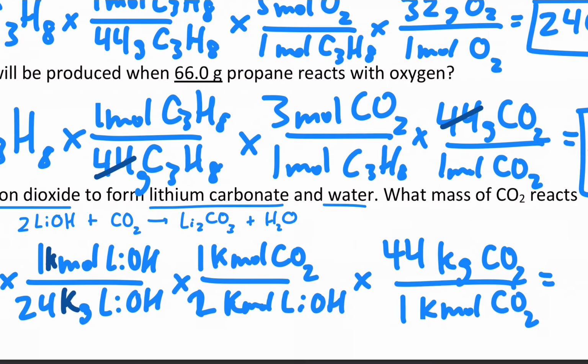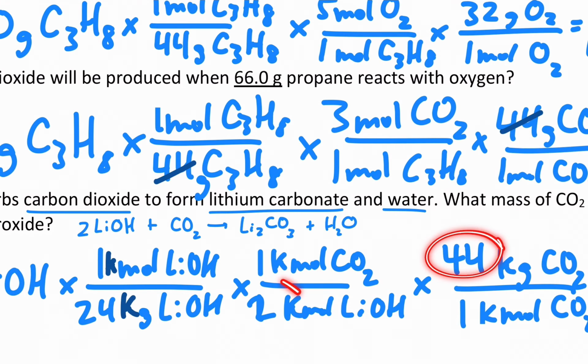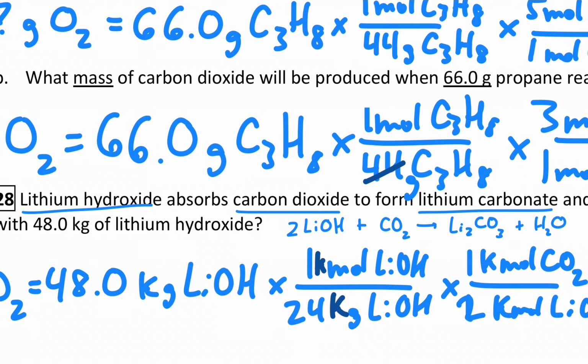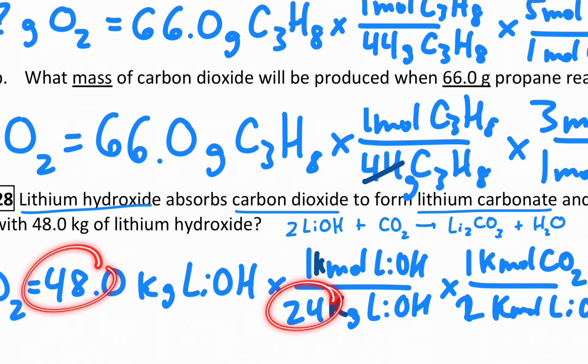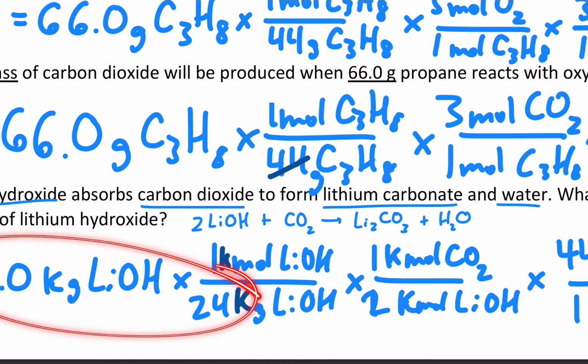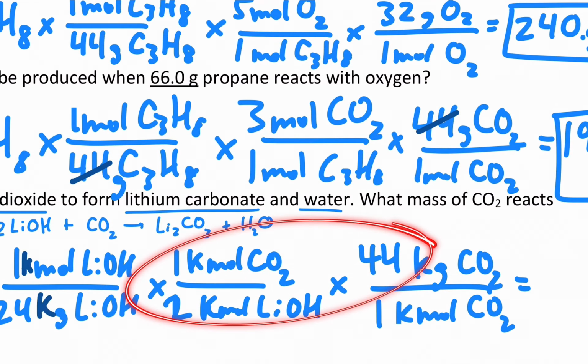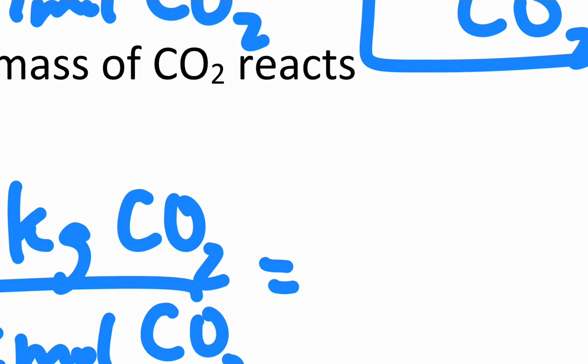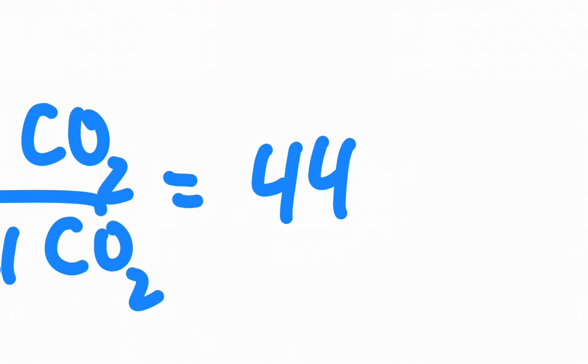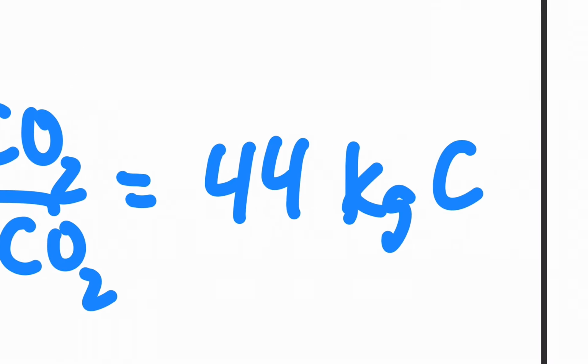And if I look at what that does, let's see, 44 divided by 2 is 22. 48 divided by 24 is actually 2. So this is 2 times 22, and you get 44, but your units are kilograms of CO2.